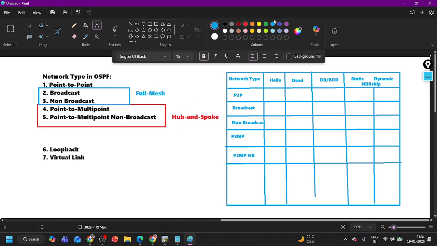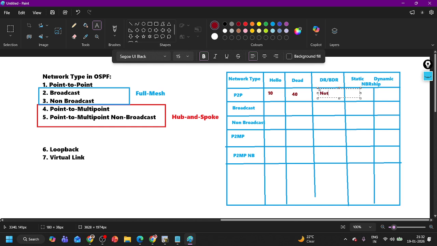Okay, so remember this. In point to point network type, hello time is 10 seconds, dead interval is 4 times the hello time, 40 seconds. DR/BDR election happens? Required or not required? Not required.